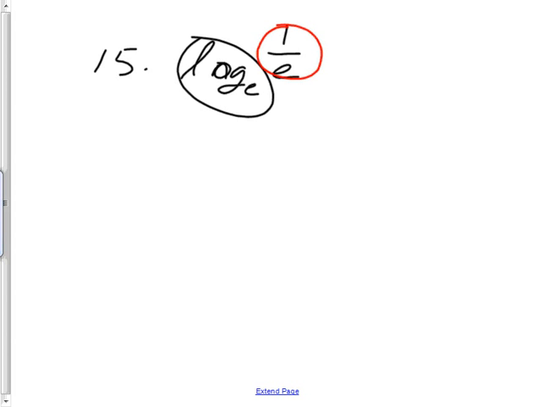It can be: e to the negative 1. So therefore, all of a sudden, these two are the same, and the answer is the exponent. So there are two steps in that one: knowing that ln means log base e, and knowing that 1 over e is e to the negative 1.